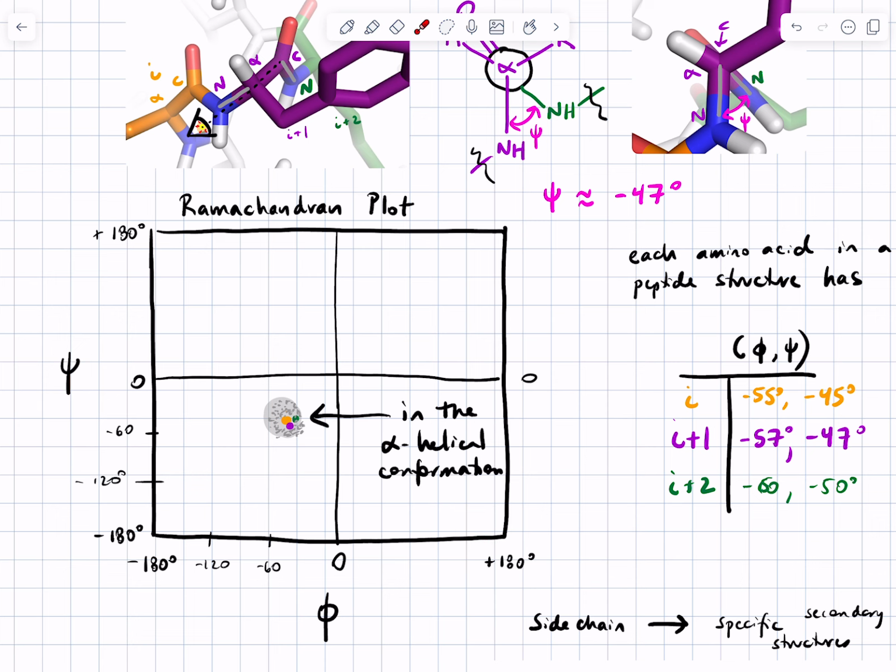I can't remember what the sign convention is. I think it's clockwise versus counterclockwise that makes it positive or negative. You don't need to worry about it because nobody does the math by hand anymore. What I do when I want to measure a dihedral angle is I open up a program, I click on the atoms, and it tells me what the dihedral angle is. But you can see in general that both phi and psi can have values from plus 180 to minus 180.